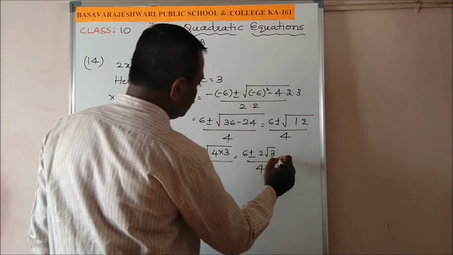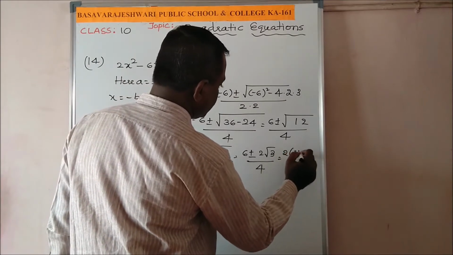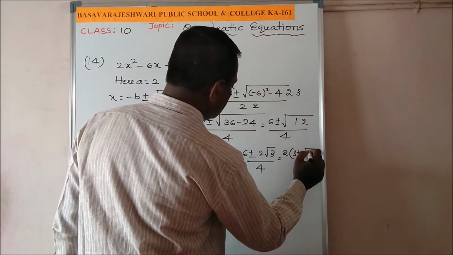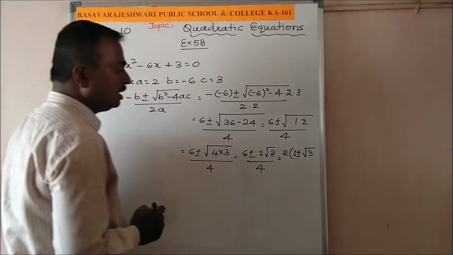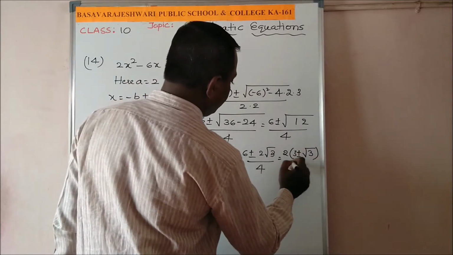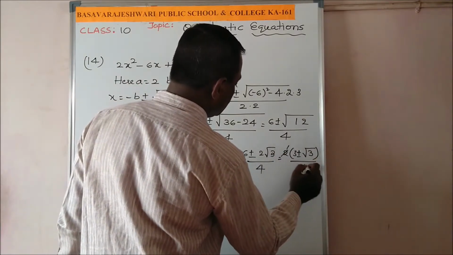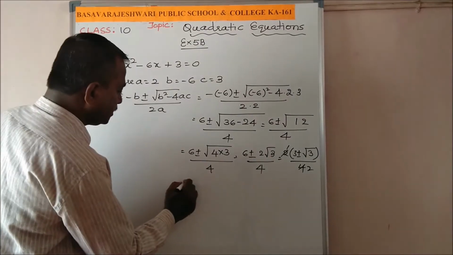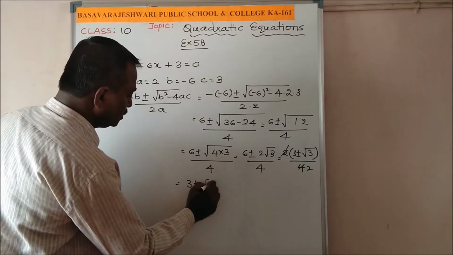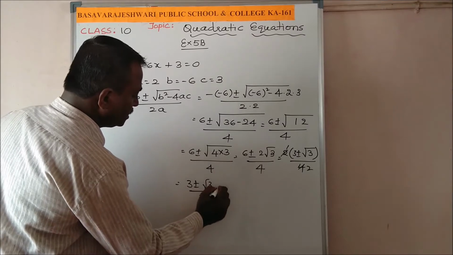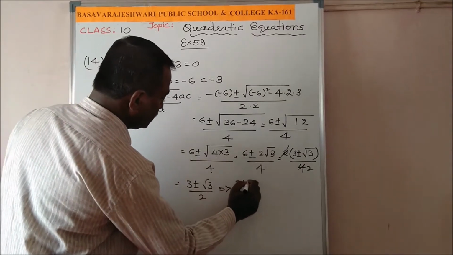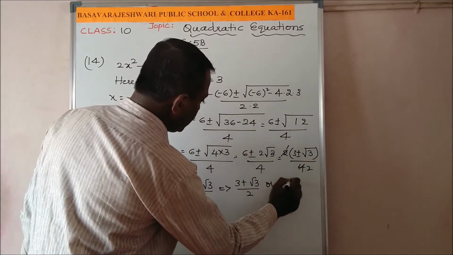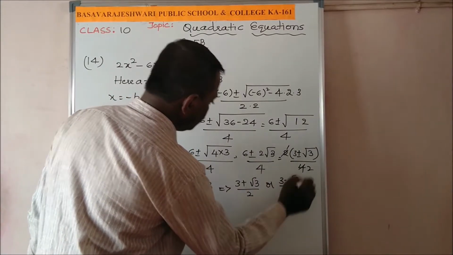That is equal to 2 common, 3 plus or minus root 3, by 4. Correct? 2 ones are 2, 2 twos are 4. So what is the answer we are getting? 3 plus or minus root 3 by 2. This implies 3 plus root 3 by 2 or 3 minus root 3 by 2.